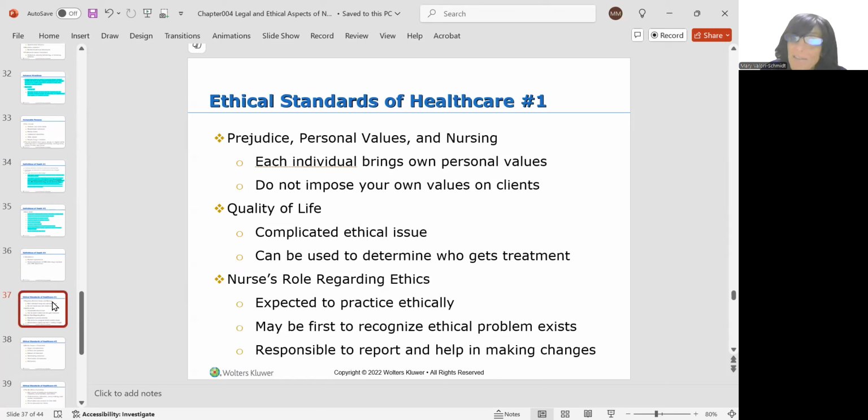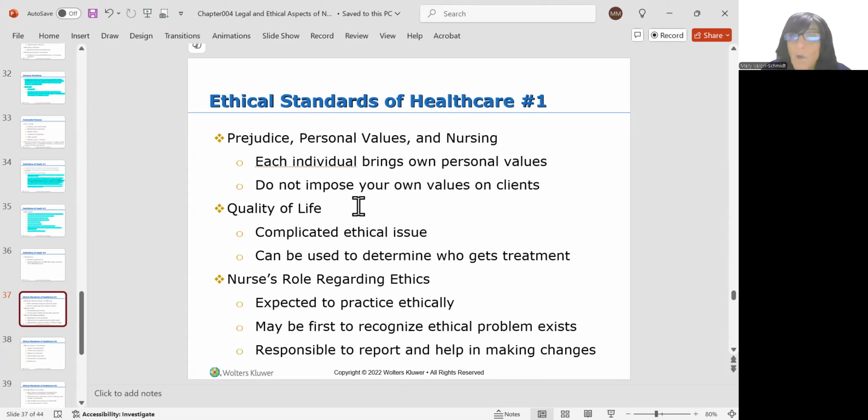Let's talk about ethics and standards of care. Everyone has different ethnicities and different cultural behaviors that go along with those ethnicities. Sometimes we bring our own personal values to work with us, but we can't impose them on our clients.